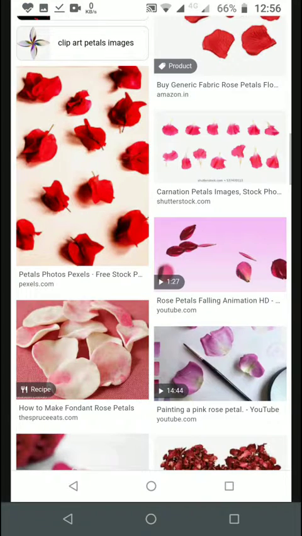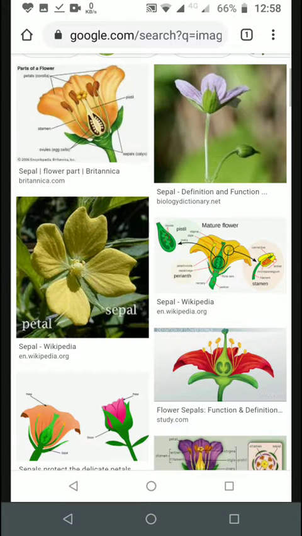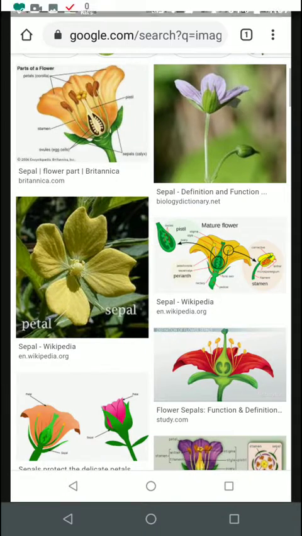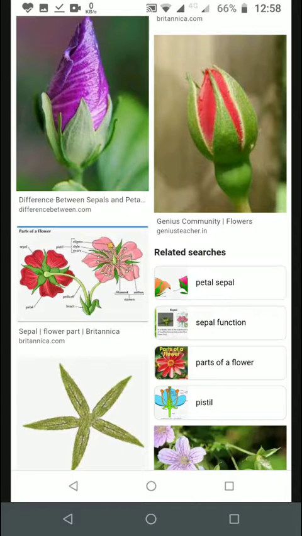Petals are shown here. Look at the picture. Sepals are shown here. Sepals are small green leaf-like structures present at the base of the flower. Look at the sepals here.